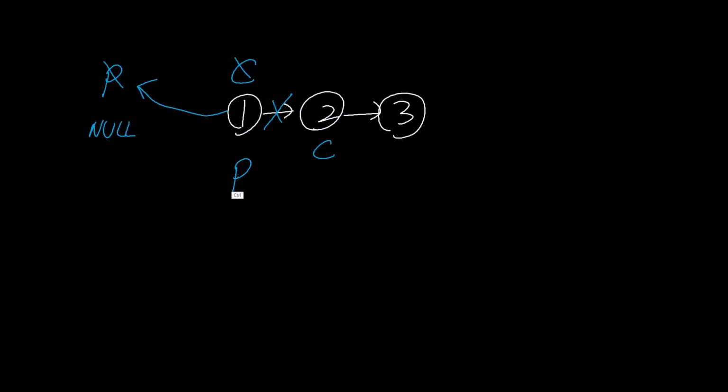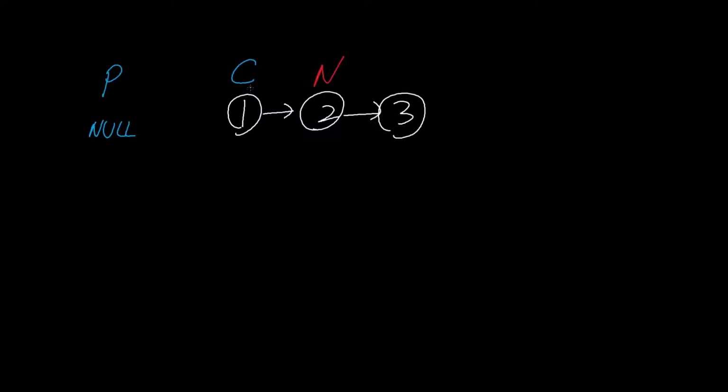So actually we need another pointer called next pointer to store the next node of the current node firstly. Then we repeat the previous action.